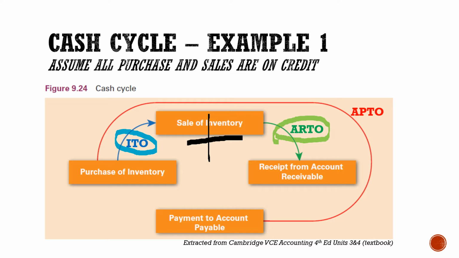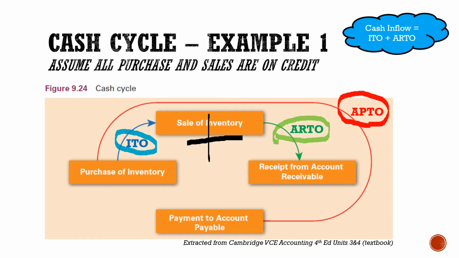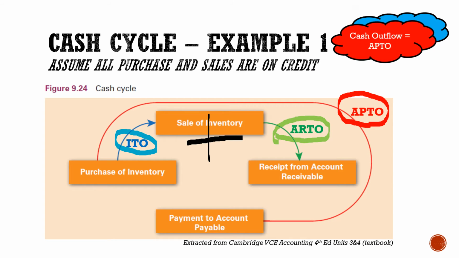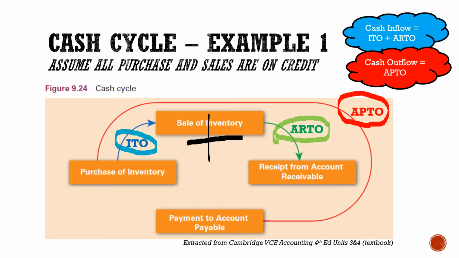On the other hand, the APTO, which is the accounts payable turnover, measures the number of days that it takes for the business to make payments to its accounts payable for the inventory purchased on credit. Therefore, how quick we receive cash from the credit sales is measured by the ITO plus ARTO. And how quick we pay cash out is measured by the APTO.